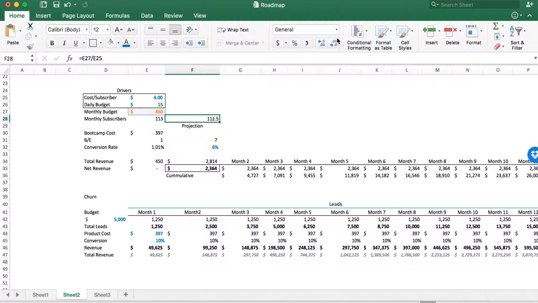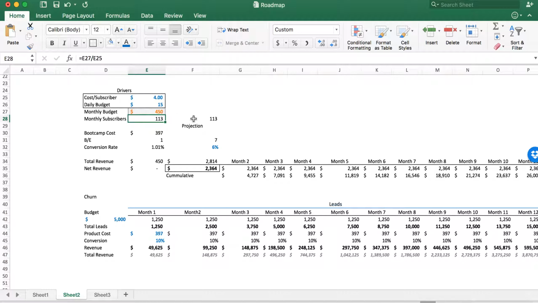And then if I want to, I can change that to get rid of the decimal point and make it a whole number, because we don't have half a subscriber. We have 113 subscribers, right? So now you know, based on this cost per subscriber and that daily budget, you are going to acquire about 113 subscribers. Kudos to you guys. That's huge.